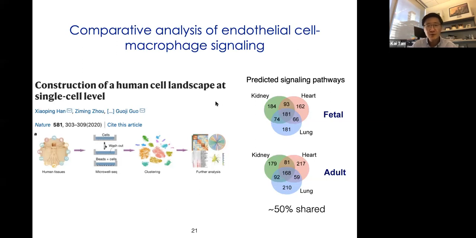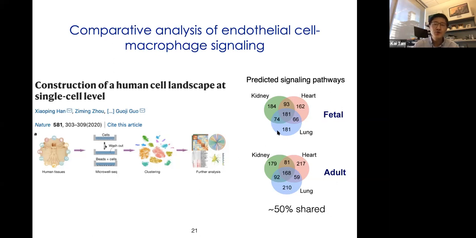So in this case, we took advantage of the recently published Human Cell Atlas published by the Guo lab in China. We identified the 3 tissues that have matched data between fetal and adult stages because we are interested in the developmental aspect of the rewiring.